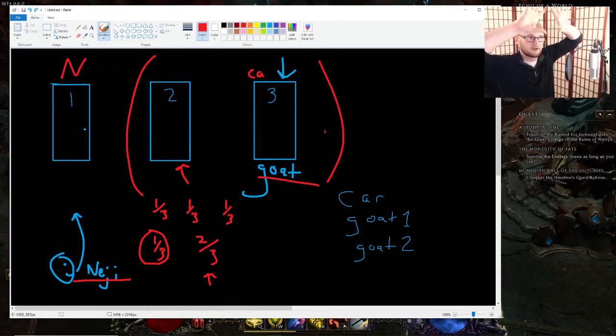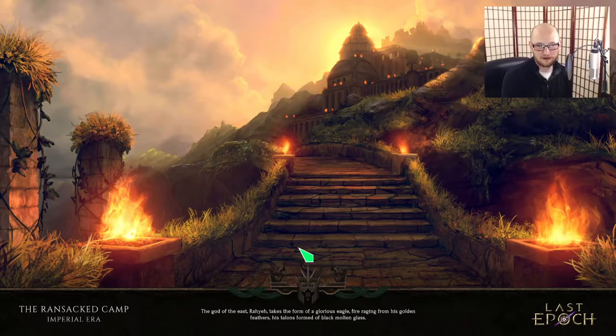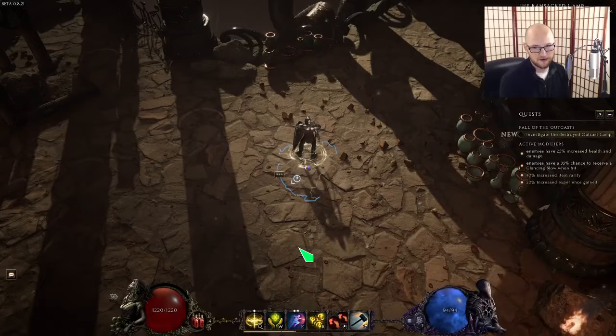So the initial 1/3, 1/3, 1/3, because one of them is taken out of the equation, there's still that split of probabilities, but one of them only has the 1/3, which means that the other 2/3 probability gets shifted to door number 2. Another way to look at the problem is, instead of 3 doors, assume there's 100 doors, and the host shows you 98.